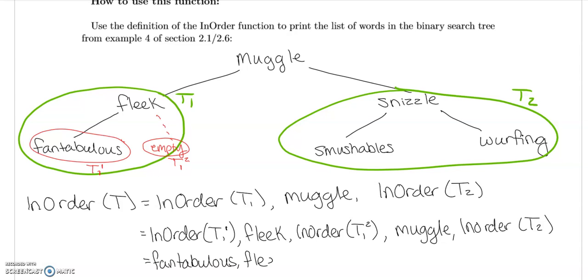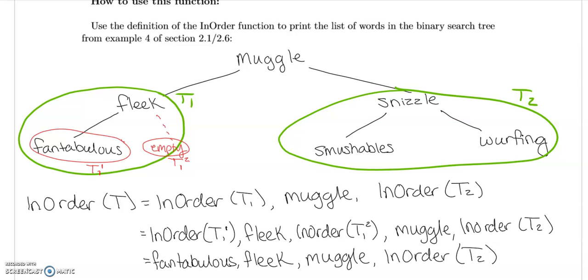Fleek would stay Fleek. And inorder T12, since that was empty, would give us the empty string. We don't leave a space for it at all; it squishes itself back together. So we are left with nothing from inorder T12, and we go straight to Muggle and then inorder T sub 2.